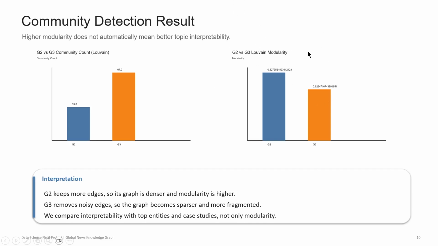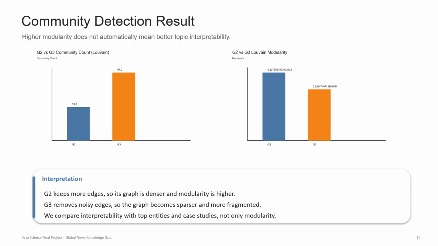Our results show that G2 has 33 communities, and the modularity score is this. At first glance, G2 seems better because it has higher modularity, but we shouldn't interpret the number directly.